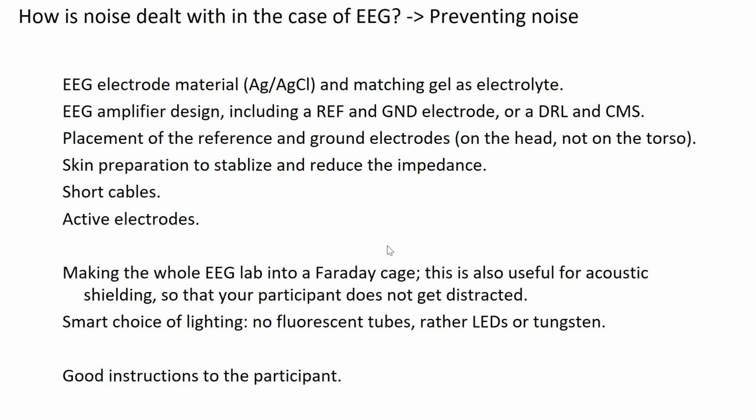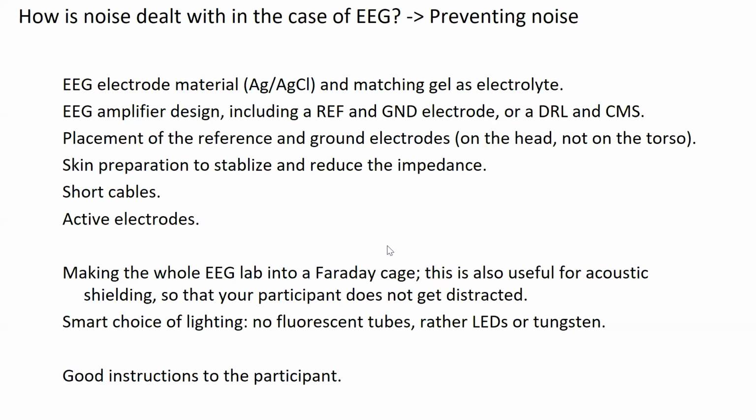There's standard procedures that you might not think about, but for example, where do you place the reference, where do you place the ground electrodes, that all influences the amount of artifacts that you can record. We prepare the skin, we try to get the impedance down, we try to use short cables, we can use active electrodes. So these are all aspects that relate to the part that is close to the head.